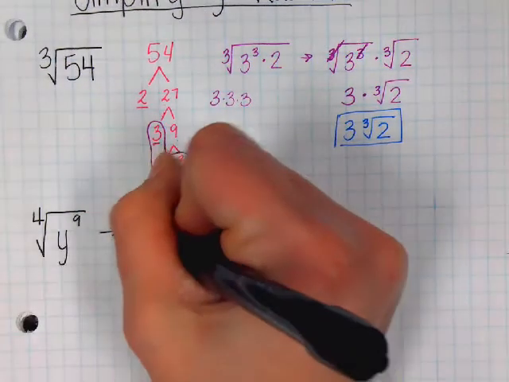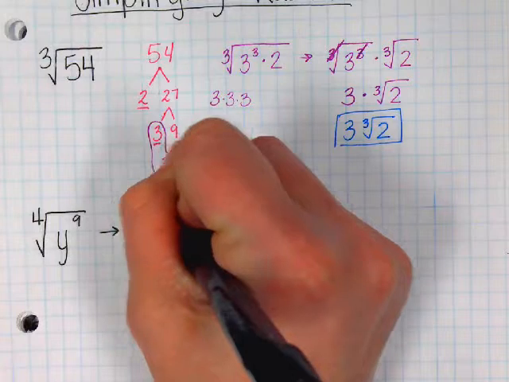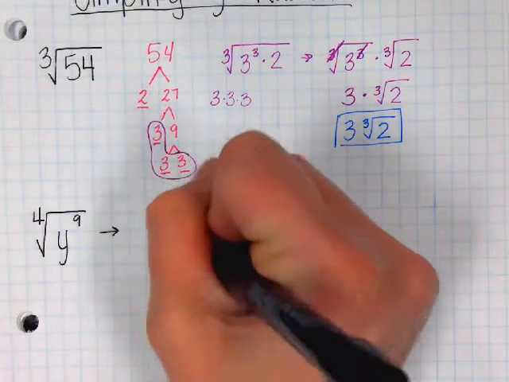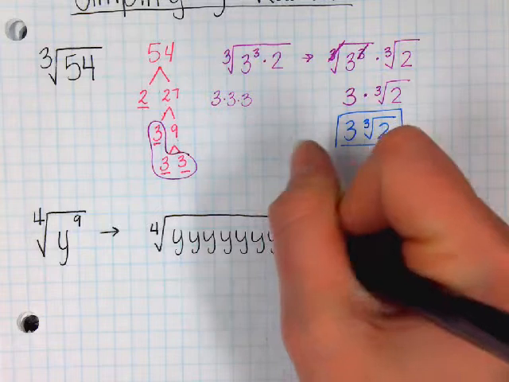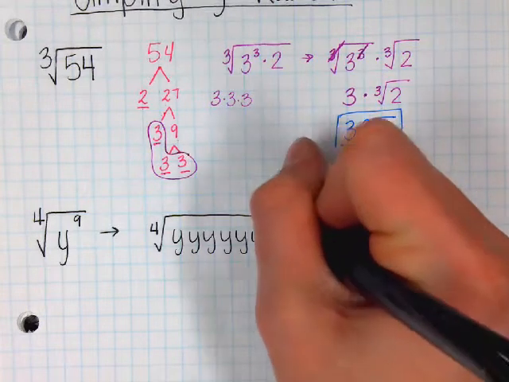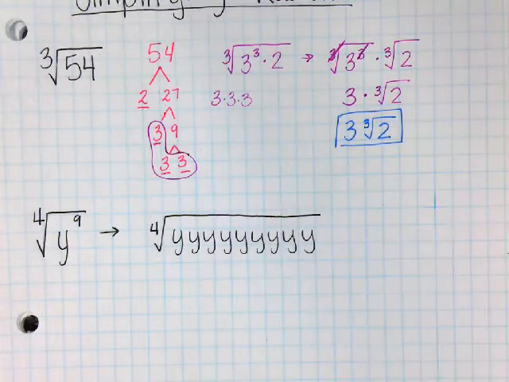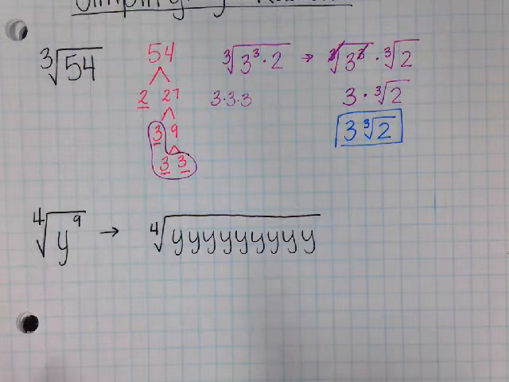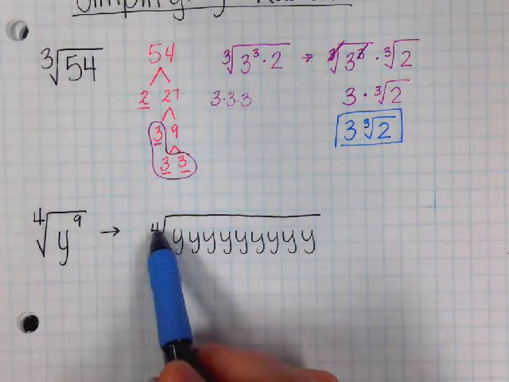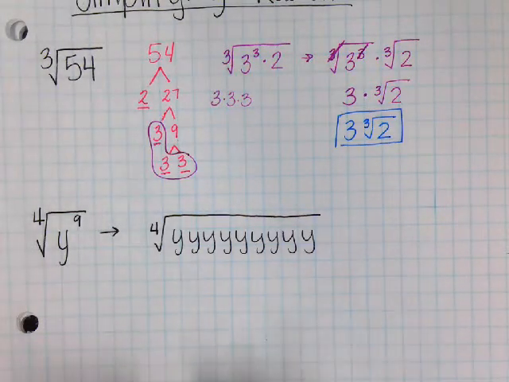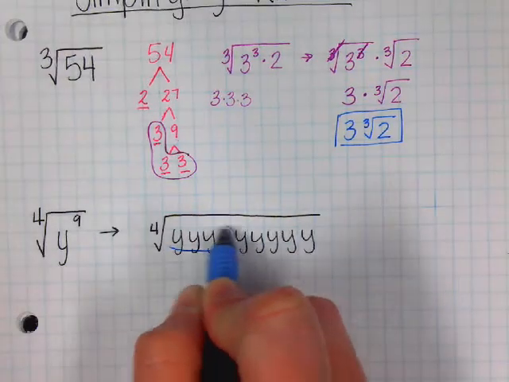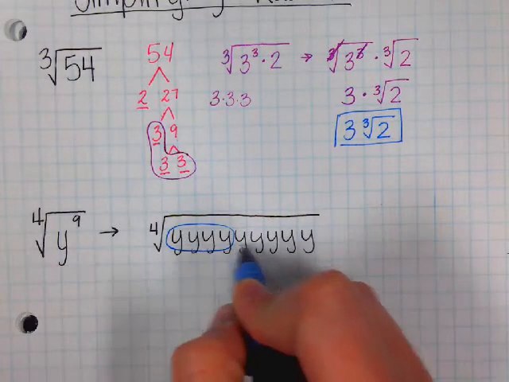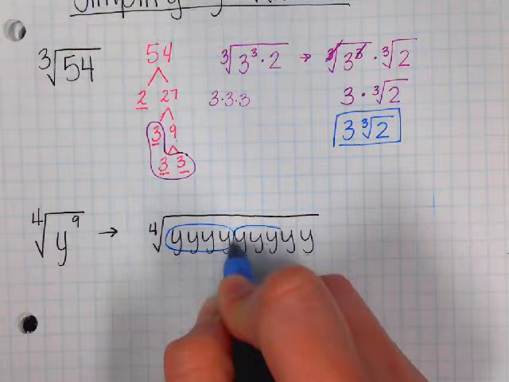So I could rewrite it as the fourth root of y, 1, 2, 3, 4, 5, 6, 7, 8, 9. And since it says the fourth root, I'm looking for something times itself 4 times. So I have 1, 2, 3, 4, 1, 2, 3, 4.